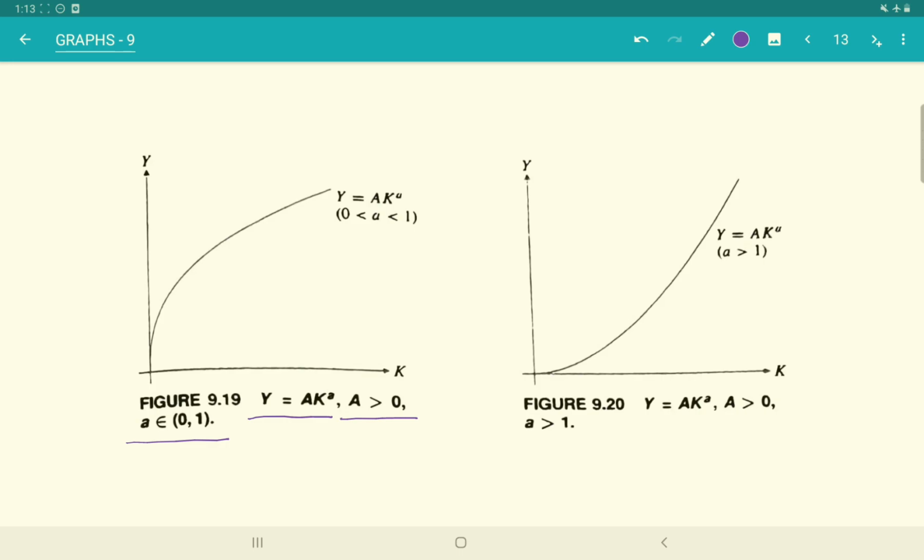On the other hand, if little a is greater than 1, then we have this case. Again, let's get back to where I have written y double prime.